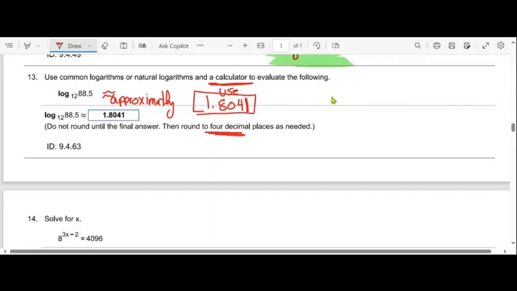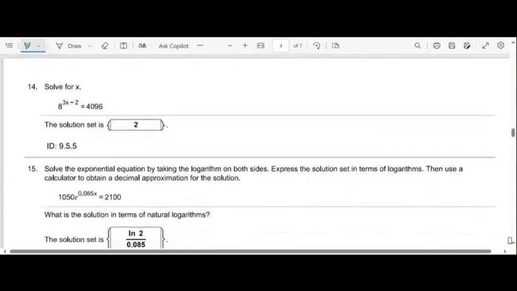What if you got a bigger number like 1.804123? He said only 4 decimal places. So where do you stop? 1, 2, 3, 4. Immediately at the one, because he asked only for the four decimals. Exactly. Is this clear? Yes. Easy. Let's go to the next one.